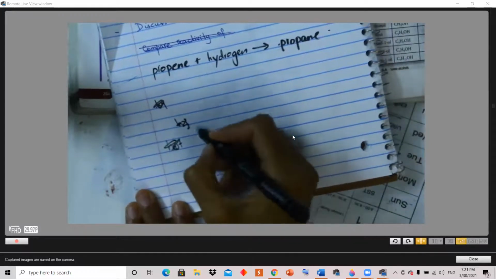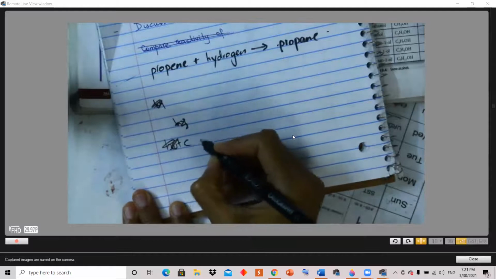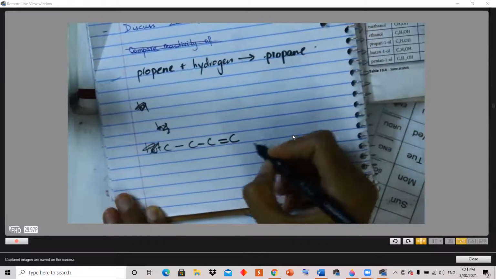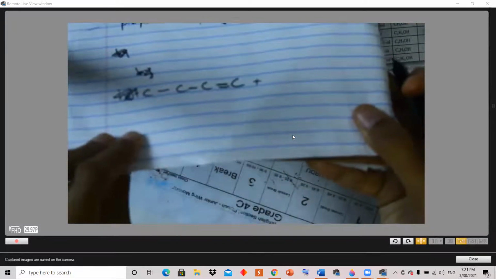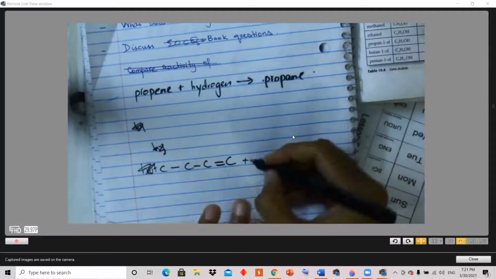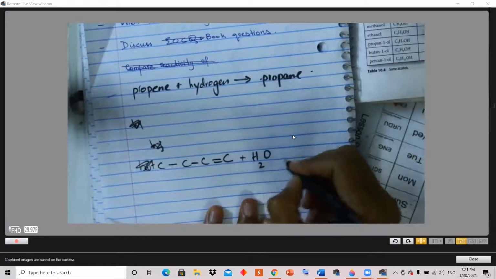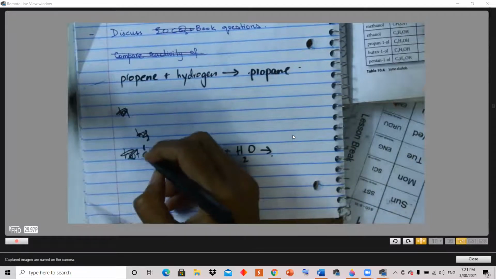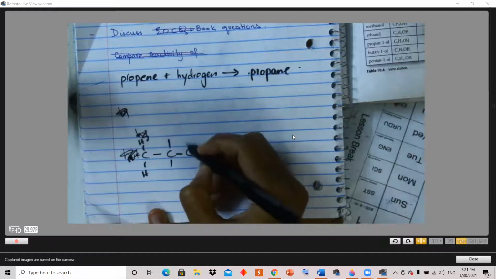Let's draw butene. Drawing is easier for me. Double bond, okay? And water. Giving. So what will be the product? Butanol. Very good.